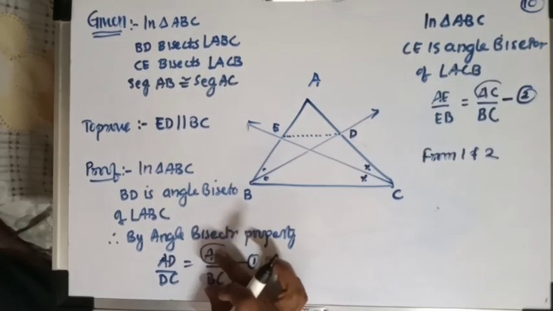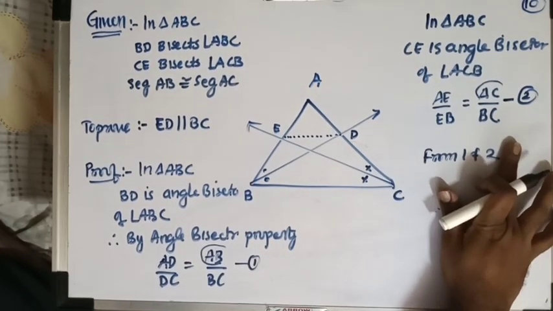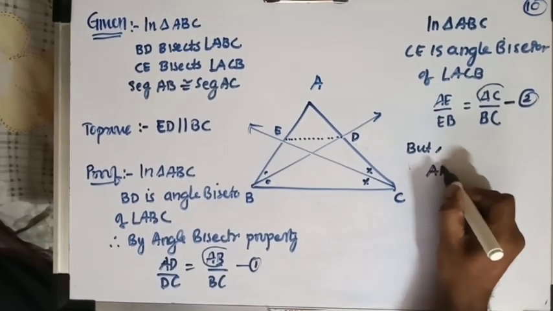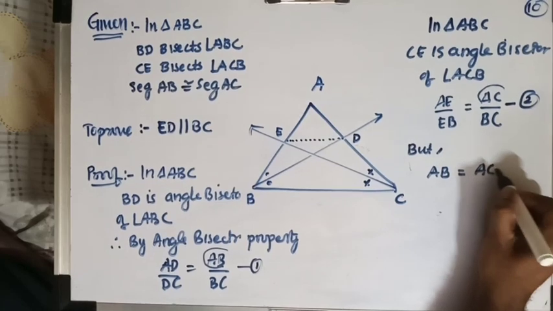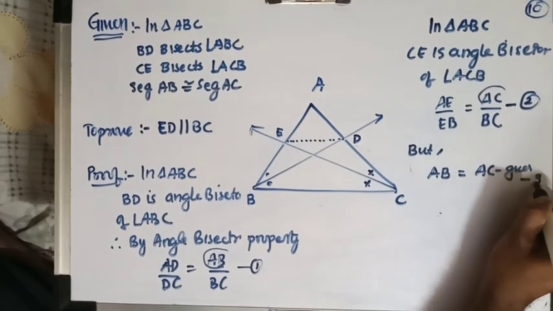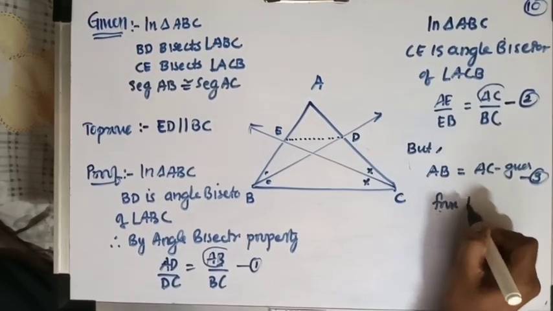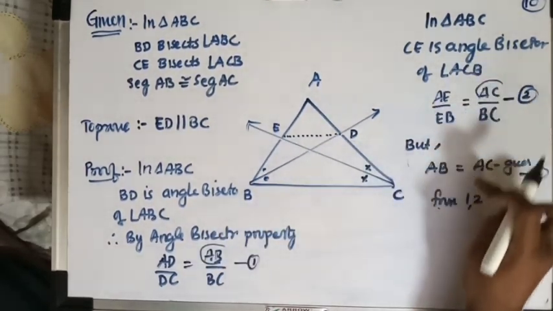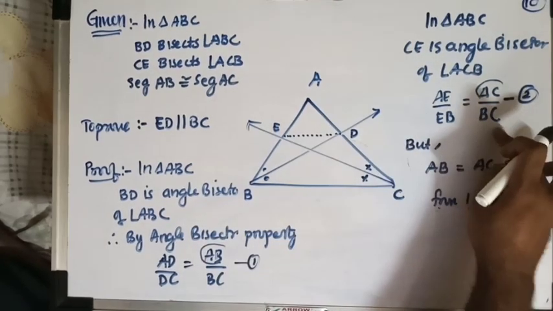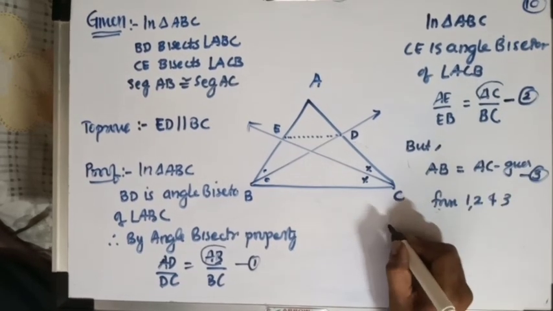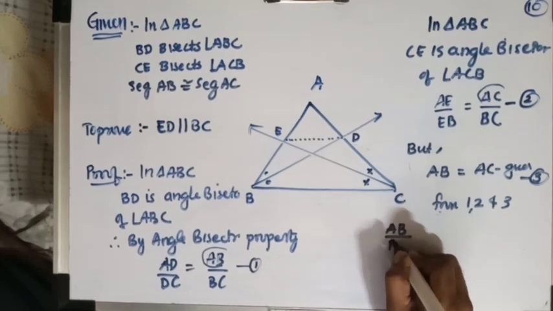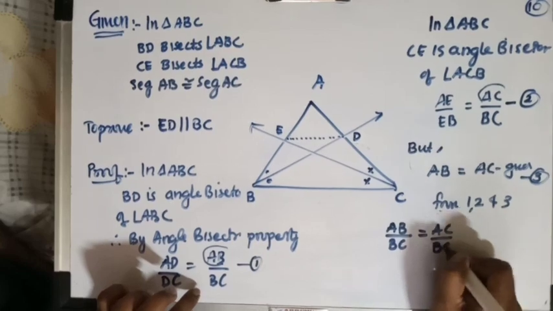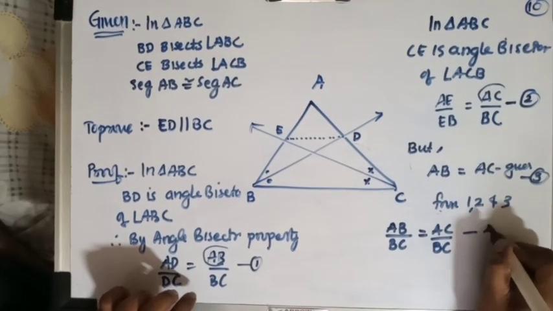Here I'll write one more statement: AB is equal to AC, given, and I give this as number 3. So from 1, 2 and 3 what do I have? See, AB is equal to AC, right? And BC is same. So I have AB upon BC, the right hand side is equal, right? The RHS of 1 and 2 is equal. I give this as number 4.